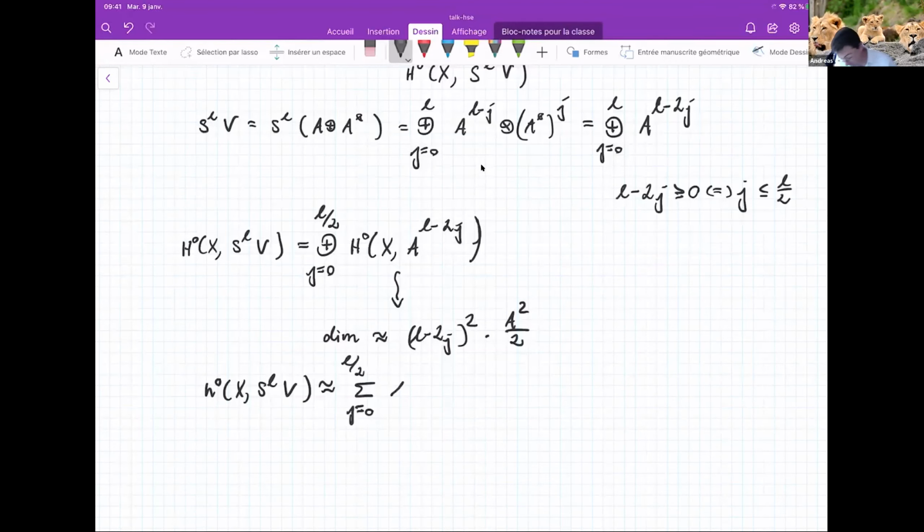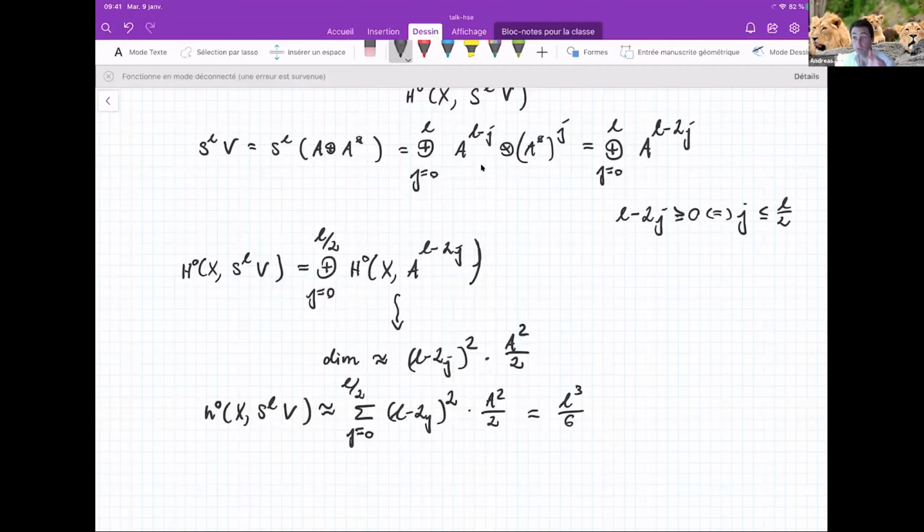I tried to do the exercise, and what I obtained was that this is L cubed over 6 times A squared over 2. So what you see is that you get cubic growth for your space of global sections.